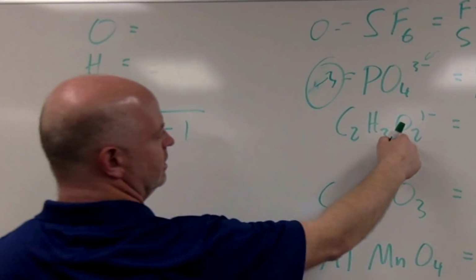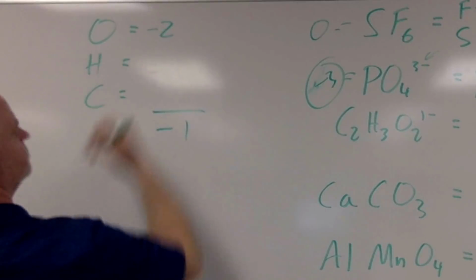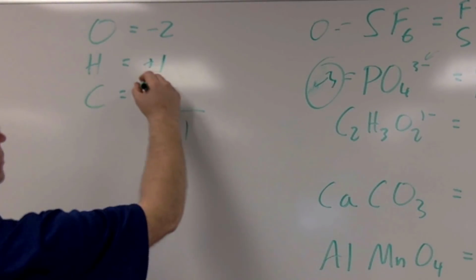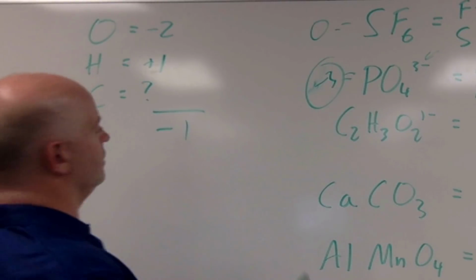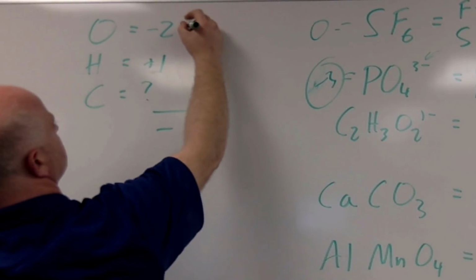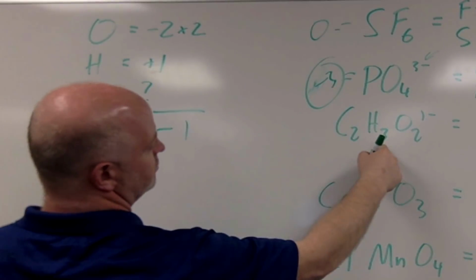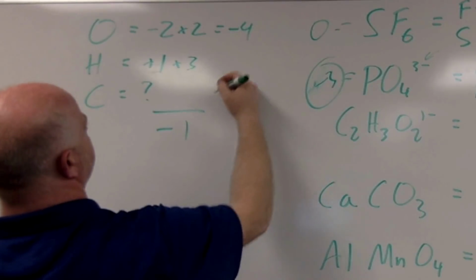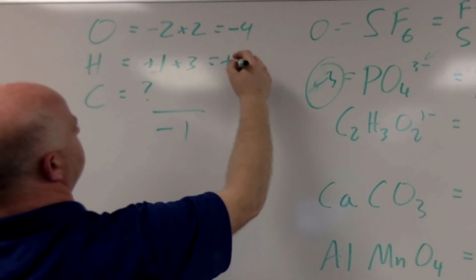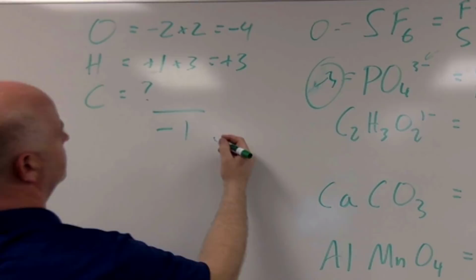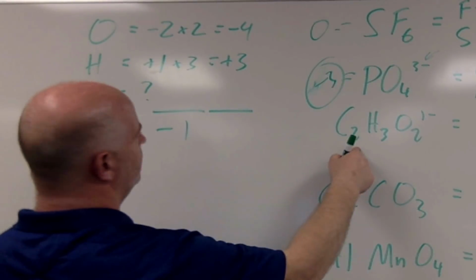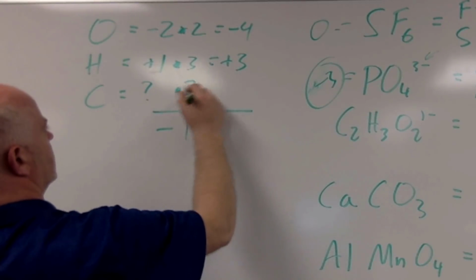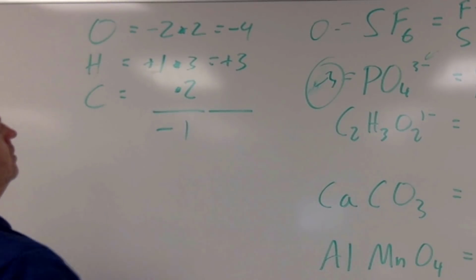So we have our 3 compounds, okay? Now the oxygen has a rule, it's going to be a -2. The hydrogen has a rule, it's going to be a +1. Carbon, we don't know what it's going to be yet, okay? The oxygen, we have 2 of them, so we're taking that times 2. The hydrogen, we have 3 of them, so we're taking that times 3. So we end up with a -4 here, and a +3 here. Carbon, we have 2 of them, so whatever this is, it's going to be times 2. Okay?